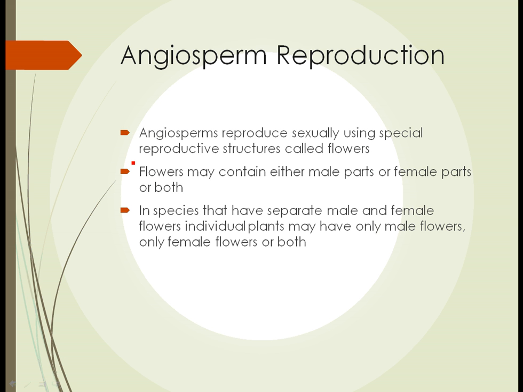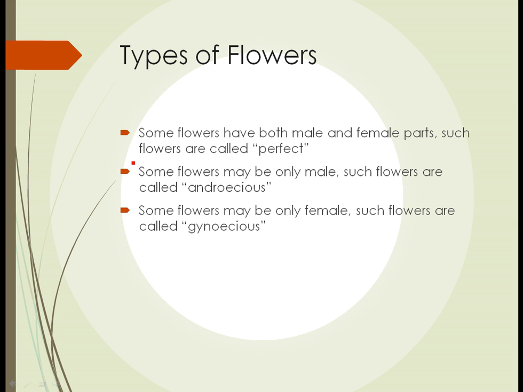But each individual flower will be separate, a male or a female. Some flowers have both male and female parts, and such flowers are called perfect. Some flowers are only male. Those are called androecious flowers. And some flowers are only female, and they're gynoecious flowers.